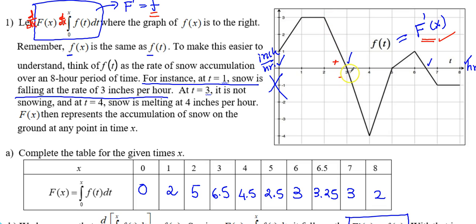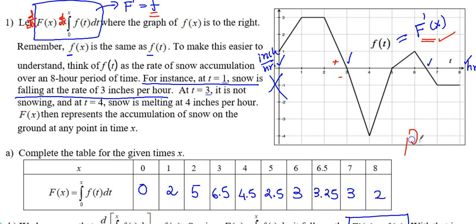Then decreasing, between 2 and 4, uppercase f of x is going to be concave down because f prime of x is decreasing. Here it is increasing between 4 and 6, so concave up because f prime of x is increasing.